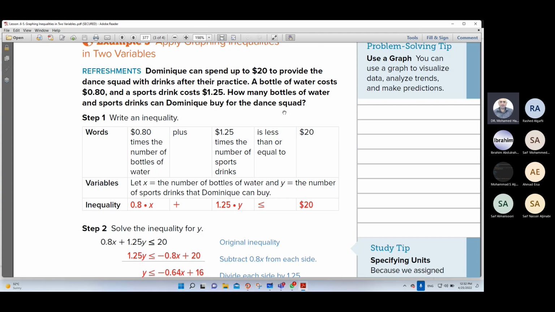Okay. From this word problem, we want to write first the inequality. Step 1, write the inequality.